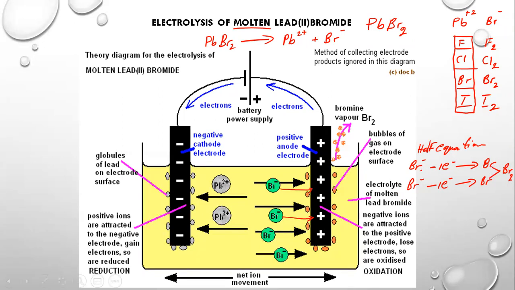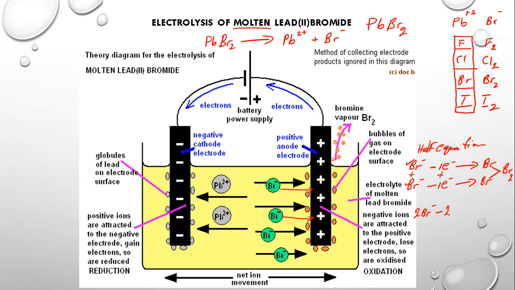But if I was to write the half equation that takes place at the anode, I will combine both of these reactions, and therefore my half equation will look like this. I'll have 2 bromide ions, referring to this one and that one. So 1 plus 1 gives me 2 bromide ions, minus 2 electrons, 1, 2. So I add those electrons as well.